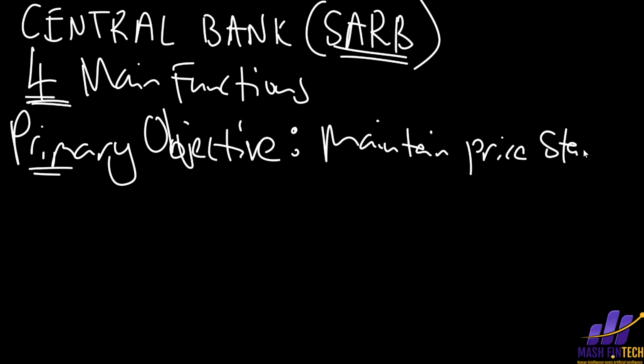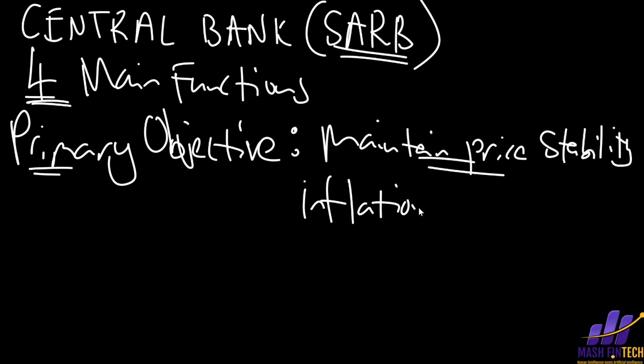What does that mean? It means they want to keep inflation in South Africa low, and the Reserve Bank has a policy target of inflation rate between 3% and 6%. So they want to keep the value of the rand low and stable at all times. That is the primary objective.